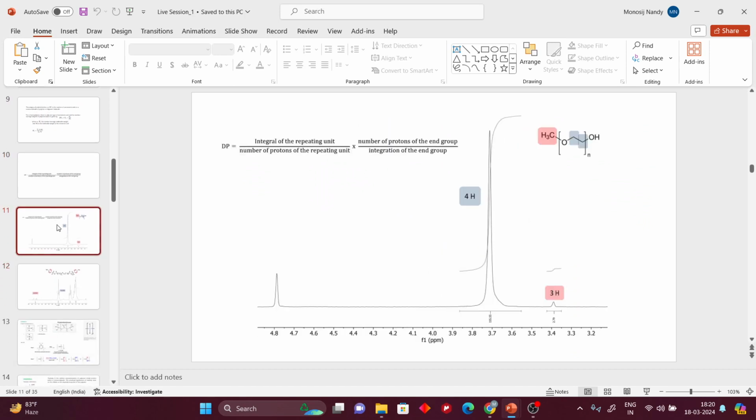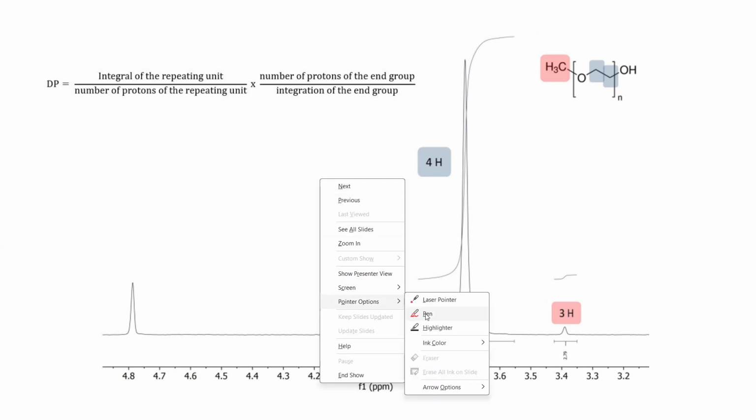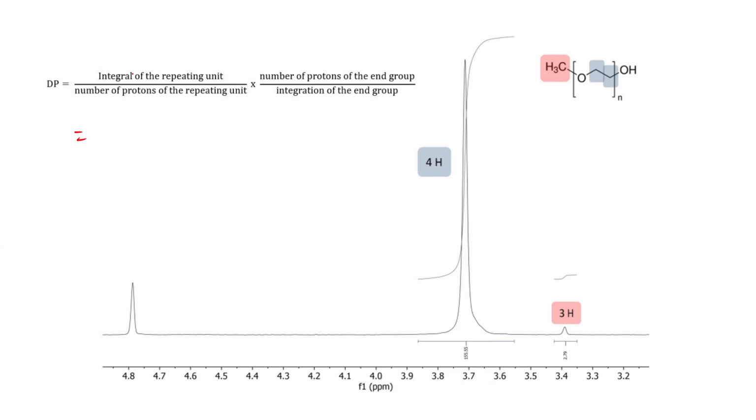If we apply it over here, you can see the integral of the repeating unit is 155, and the number of protons of the repeating unit is 4, and the number of protons in the end group, with integration 2.7. Now, if we want to calculate it, we can do this simple calculation, and from here we can measure that repeating unit, the value of n.